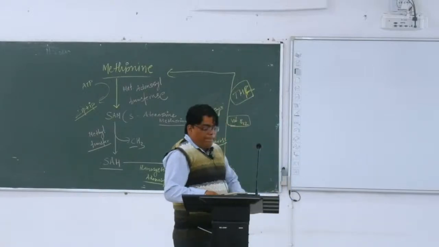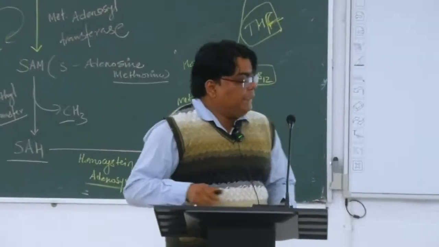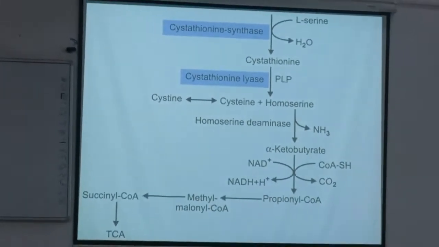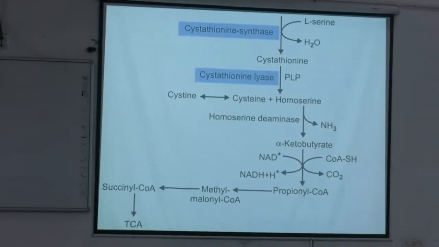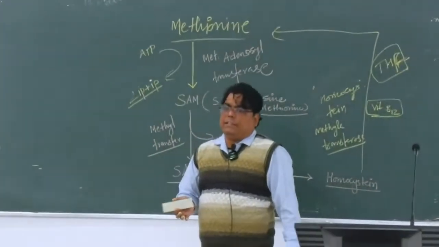Now in the next step, there is the formation of cysteine. Okay, let me discuss it first on the board, then you will see the slide. You will understand better after that.